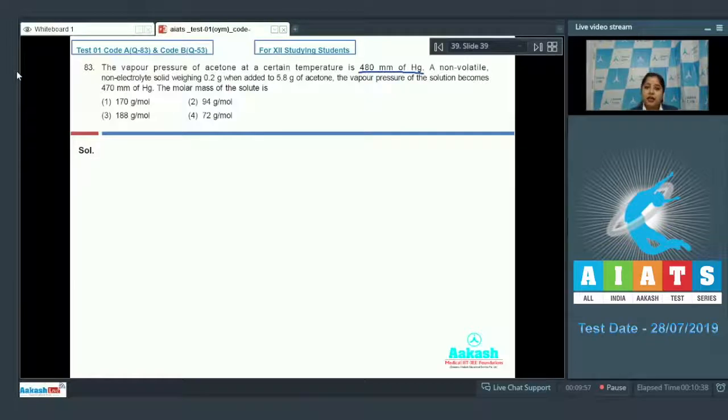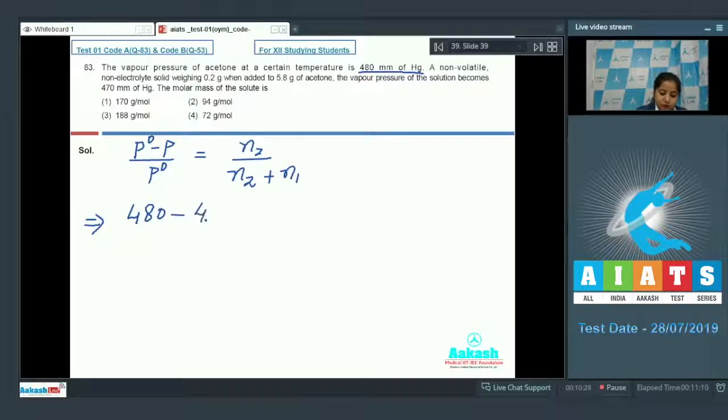Class, this is again a very important question, belonging to colligative properties, class 12, chapter number 2. This is the first colligative property, that is relative lowering of vapor pressure. The formula for this is (P0 minus P) upon P0, which is equal to the number of moles of component 2 upon the number of moles of component 2 plus the number of moles of component 1. P0 has a value of 480. The vapor pressure of the solution becomes 470 upon 480. The number of moles of the second component is unknown.